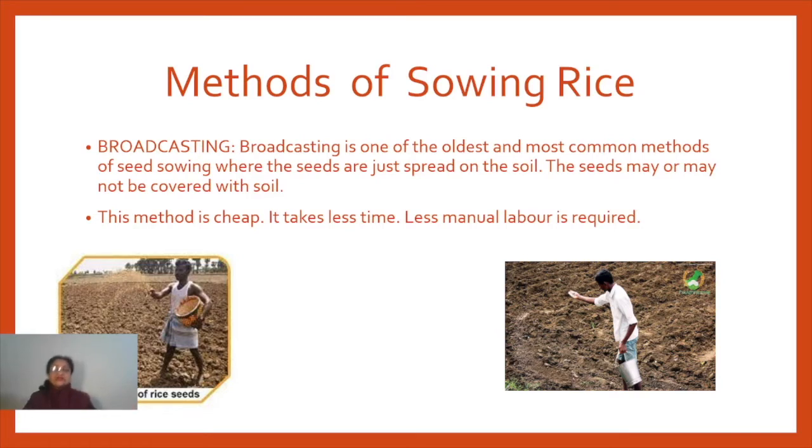This affects the total production. That means unequal distribution is there. Moreover, many times the seeds remain on the soil. So these are a few things which give comparatively less total production in this method. Now come to the next method.